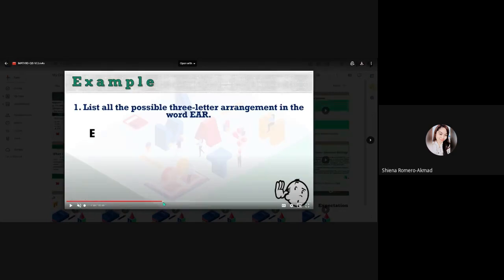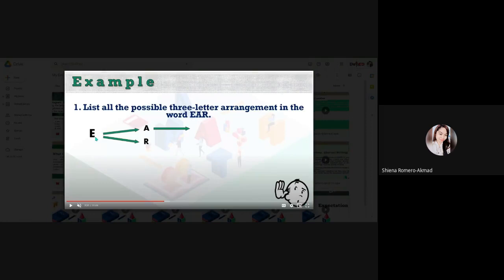Let us start with letter E. If we start with letter E, the arrangement can be formed by following the positions. There is a first position, a second position, and of course a third position, because there are three letters.